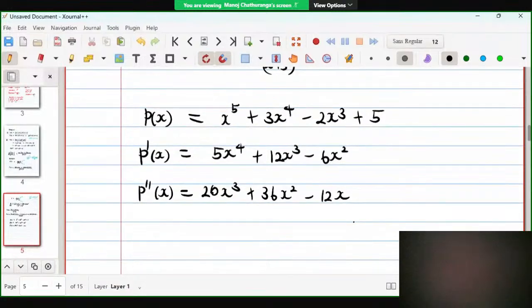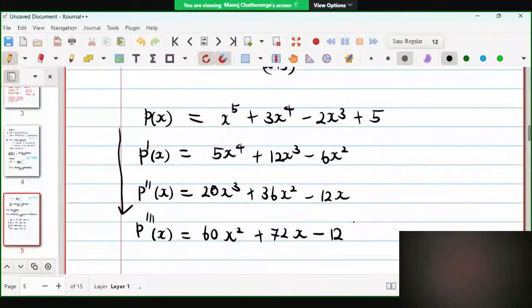You can take this latest polynomial and differentiate it: 60x squared plus 72x minus 12. You can keep differentiating the function.